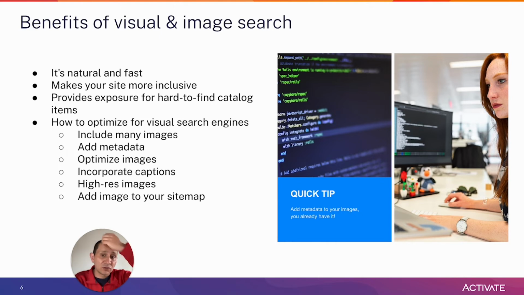So we can use newer formats in order to make them lighter. We can incorporate captions, use high resolution images, as I mentioned, because we can reduce the size of the files.